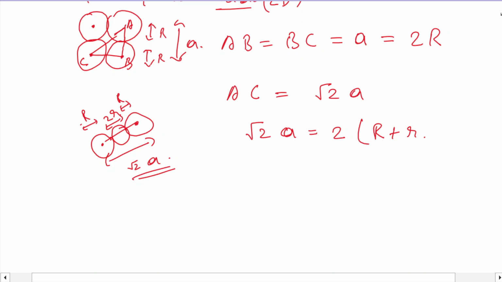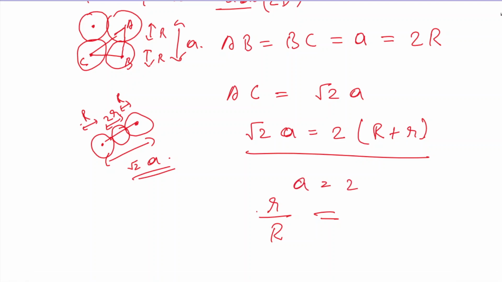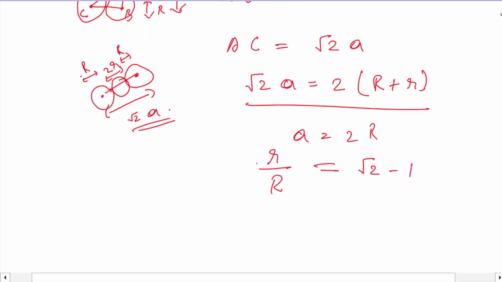Okay, so that's it. Now what we have to do is just combine the equations, and the result we will get here is root 2 a is equal to 2 into (R plus r). On solving, with a equal to 2R, if I divide this and solve, I will get r by R equal to root 2 minus 1, and that is equal to 0.414.